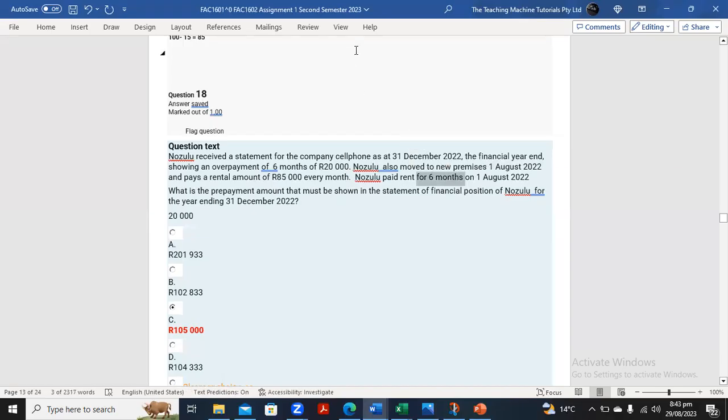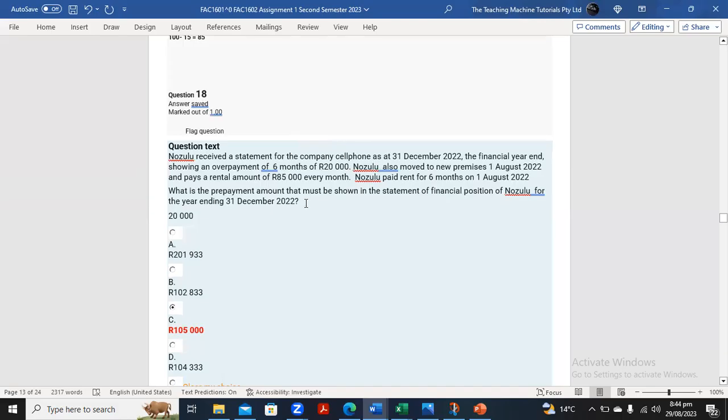So guys, if you are required to pay for 4 months and you pay for 6 months, what is the prepaid? How many months did you pay for in advance? Anyone? You are supposed to pay for 5 months, August, September, October, November, December.